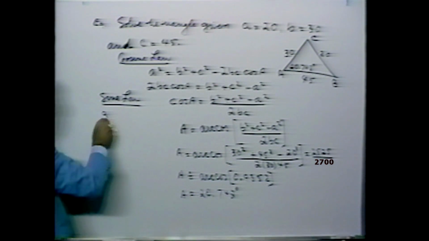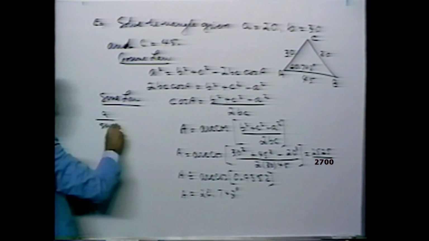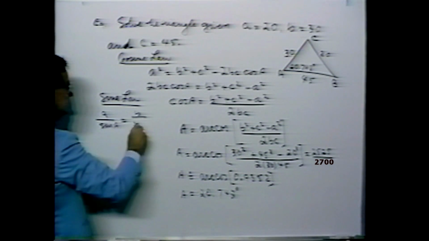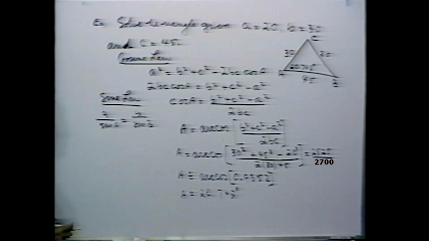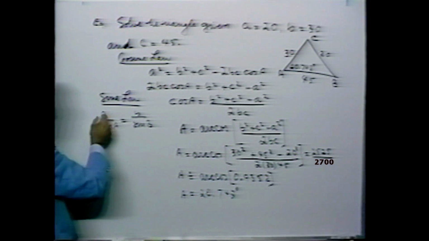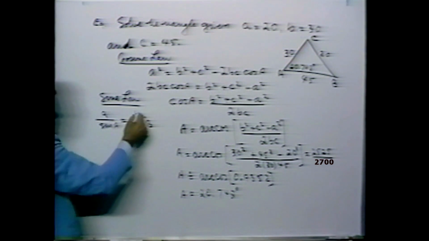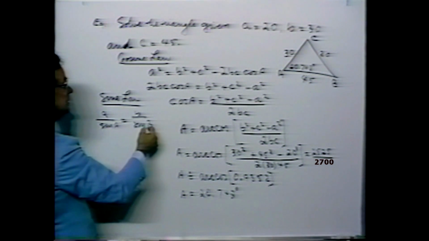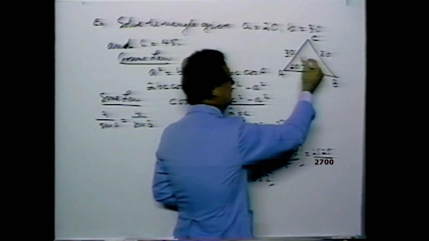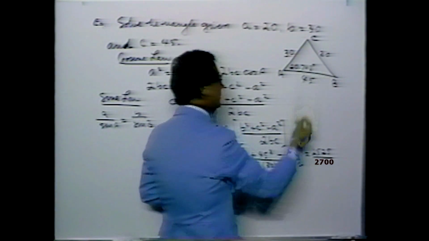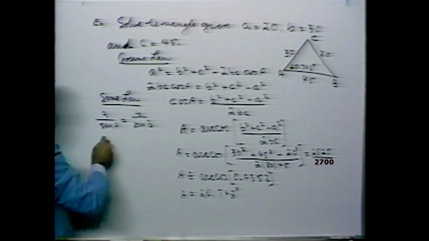So we have a over sine A equal to b over sine B. Those are deliberately chosen. A, because you have the information, side and angle. B, because you have the next size of length up among the three sides given.